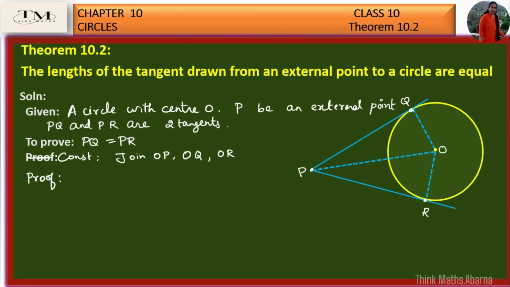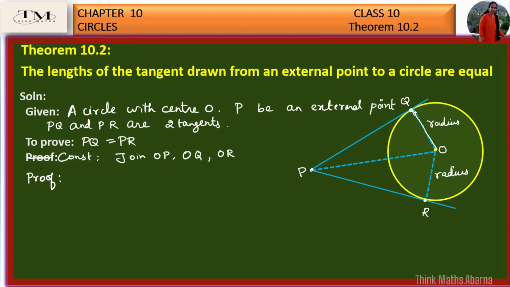Here, what is OQ? OQ is from the center to the point of contact. So, OQ is the radius. In the same way, OR is also the radius, from the center to a point on the circle. We know from Theorem 10.1 that the radius is perpendicular to the tangent at the point of contact.